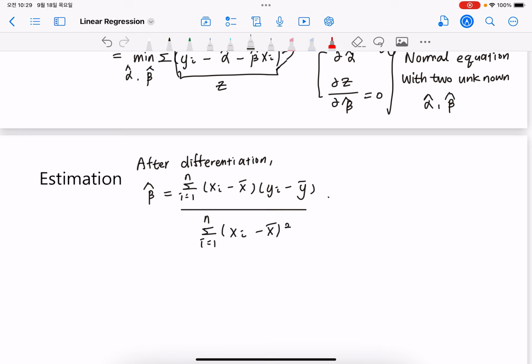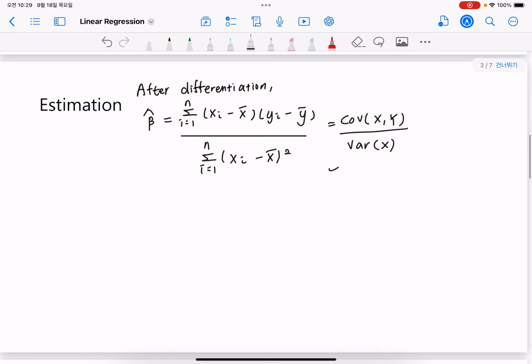Okay. In other words, you don't have to know the formula, but this is simply covariance of x, y divided by the variance of x. So covariance of x and y shows the relationship between x and y. Variance of x is showing the variation of x.